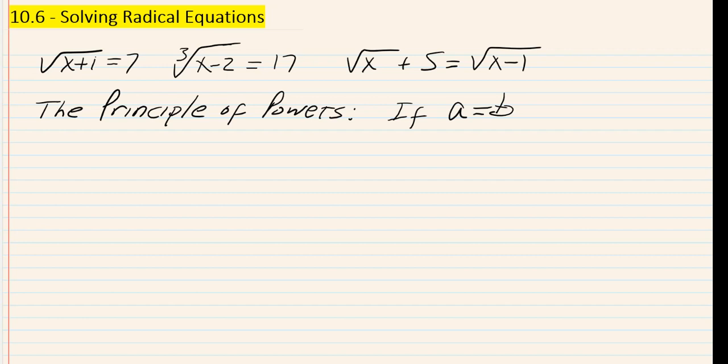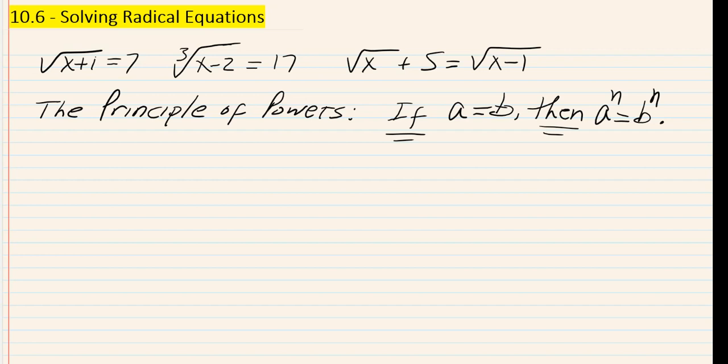If A is equal to B, then we can actually raise both sides of that equation to a power. That's what this says. Now, notice that this expression is in the form of if, then.